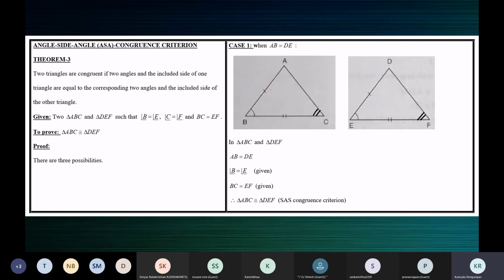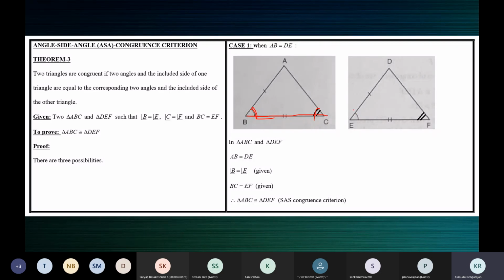All right, so here we have two triangles with such information: the two angles and the included side of one triangle equal to the corresponding two angles of the other triangle.